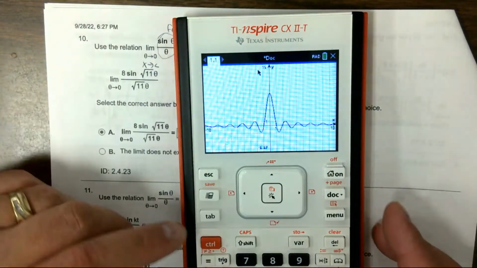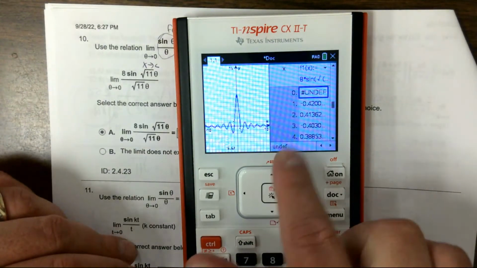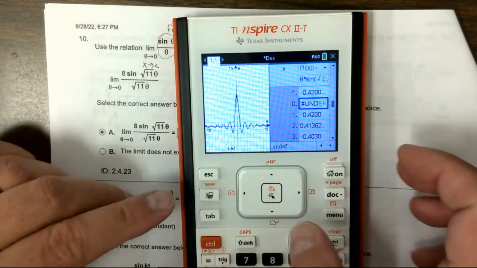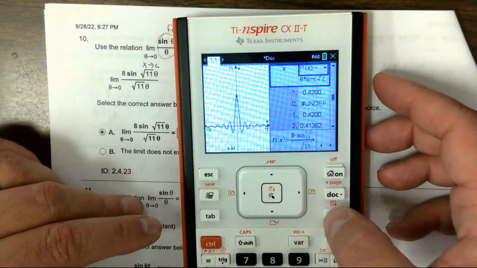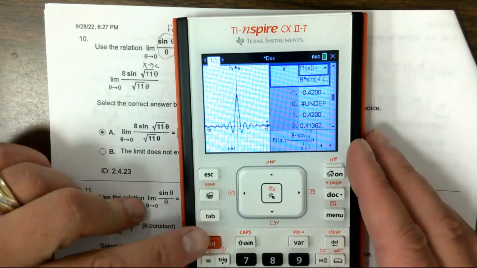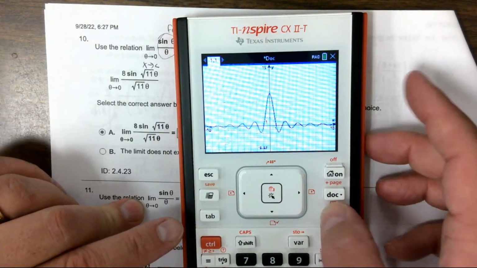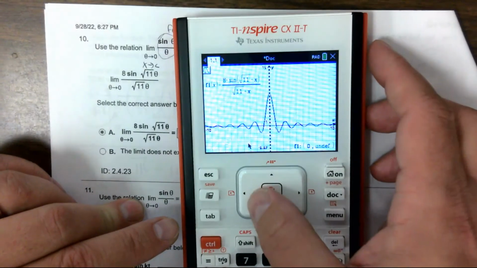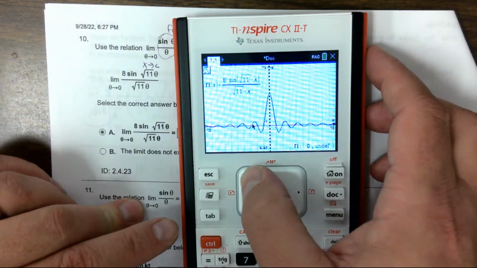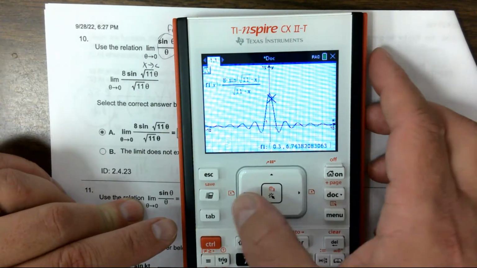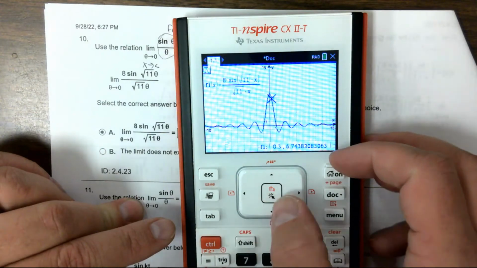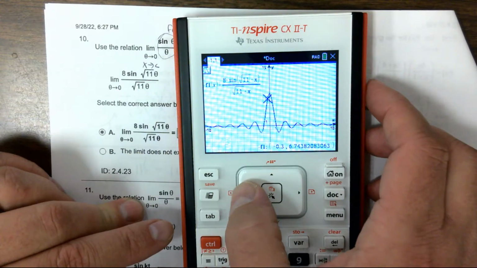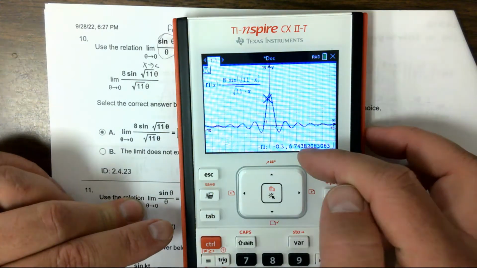If I go to my table, it says 0 undefined, but if I trace it, menu, trace, well, actually at 0.3 it's 6.7, so you can't actually see it. And it's 6.7 on this side also.